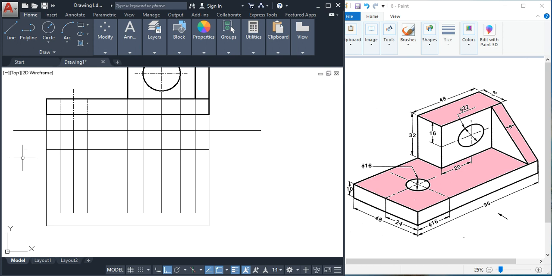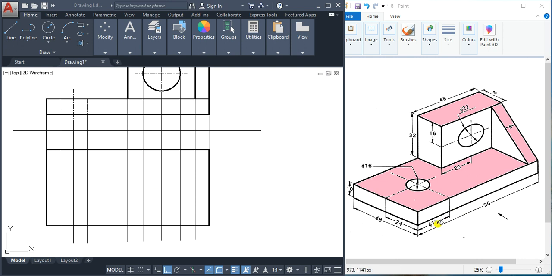Let us darken here to highlight this outer rectangle. Like this, this outer rectangle we have drawn, 96 by 48, and here this rectangle you have to draw, it is 48 by 18.